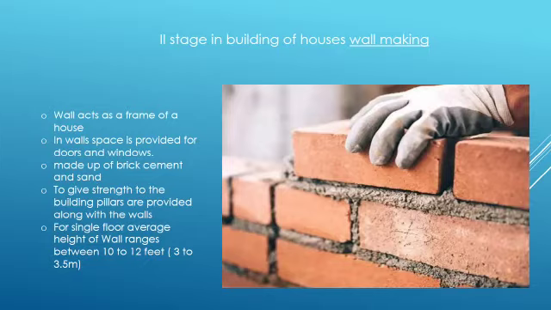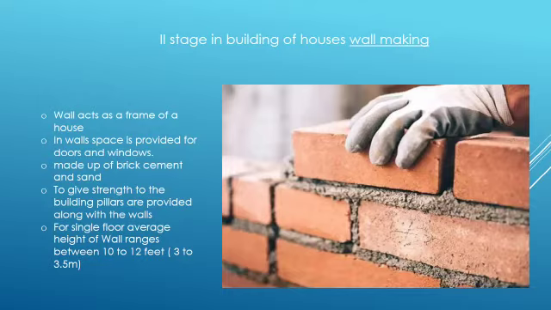The second stage in building a house is wall making. Wall acts as a frame for the house. In walls, space is provided for windows and doors. Wall is usually made up of brick, cement and sand.